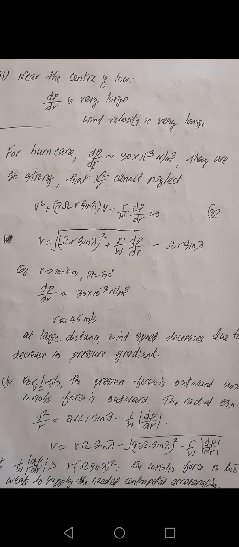That means if dp by dr is very large compared to r omega sin lambda, then inside the square root you will have a negative value. So a high pressure system could not form, because the Coriolis force in that case is too weak to supply the needed centripetal acceleration against the outward pressure force.